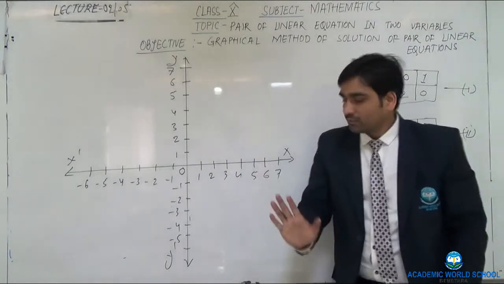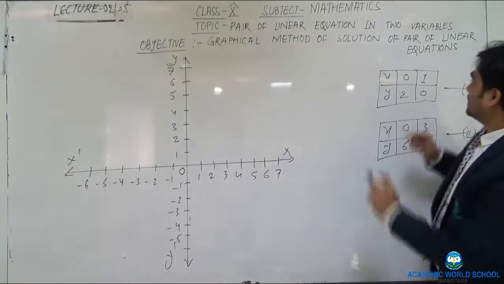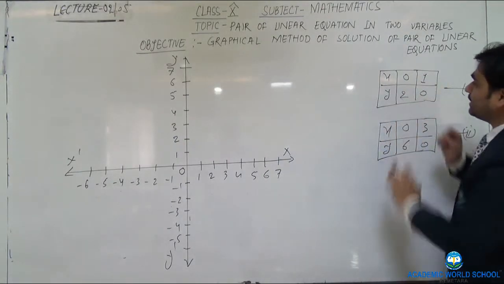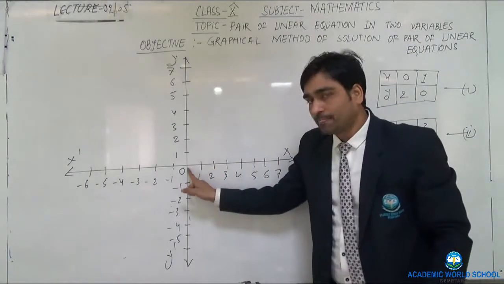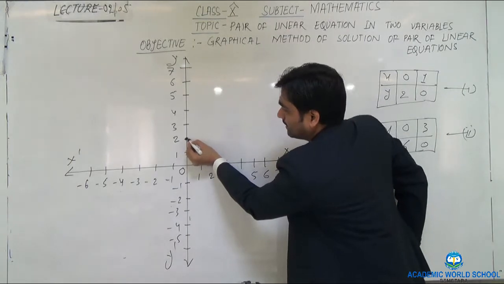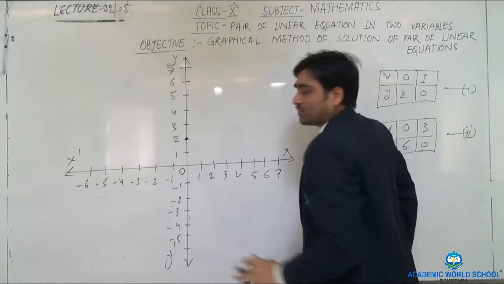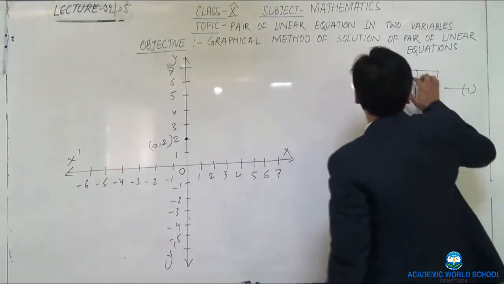Correct? Now, first of all, represent this solution on the graph. Here x equals to 0 and y is equal to 2. So x equals 0, y equals 2, which means this point lies on the y-axis, and the solution is 0 and 2.